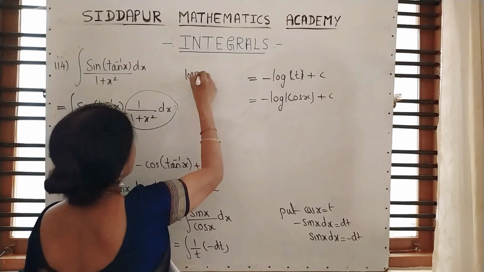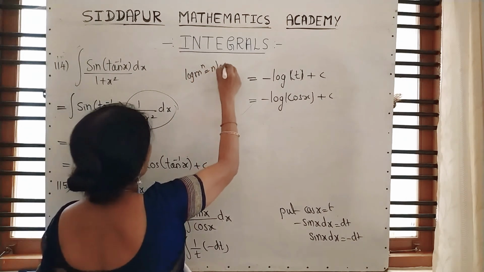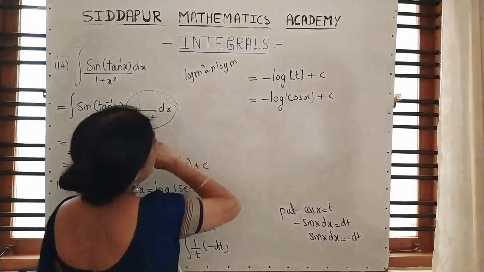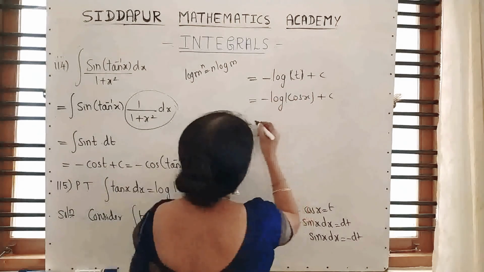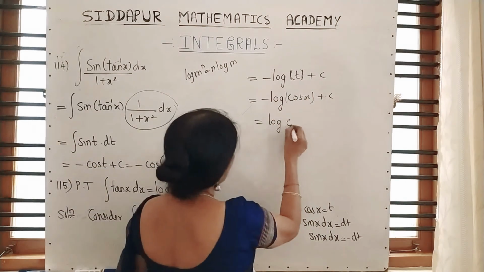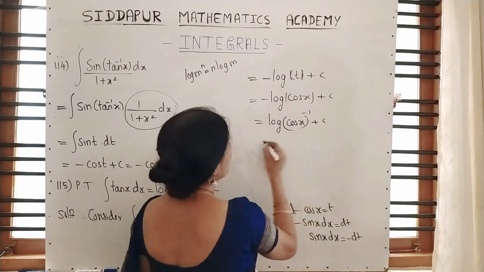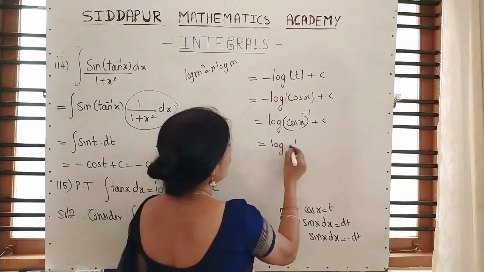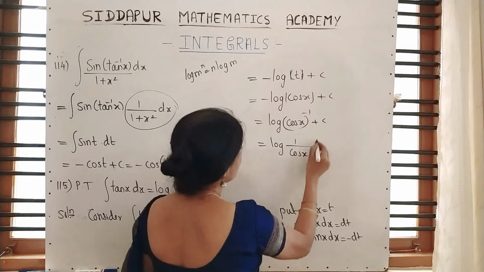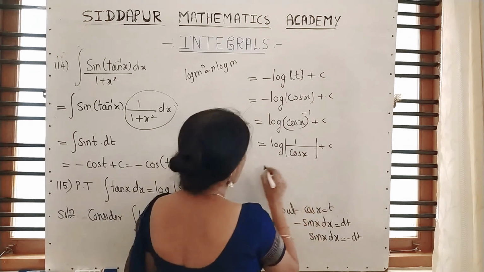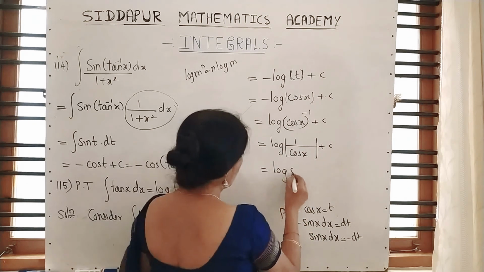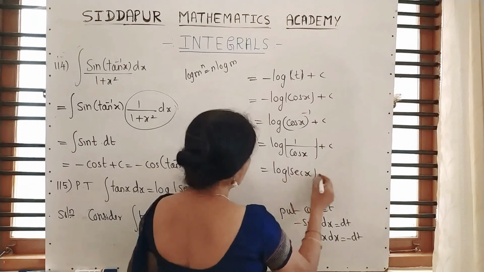Log m raised to n is n into log m. The same property applies here. This power goes here. It is the log of cos x raised to minus 1. Remember, it is the log of 1 by cos x. 1 by cos x is sec. So log of secant x plus c.